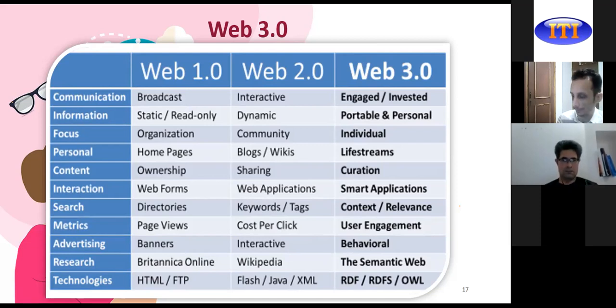It is a standard for data interaction, and they have all to do with computer languages. Anyway, I just wanted you to have a glance at the differences between different versions of web.